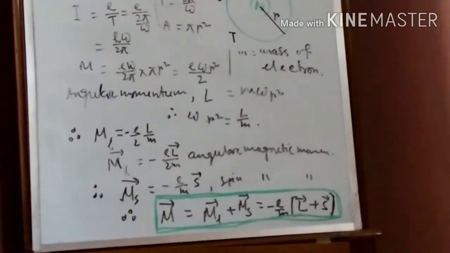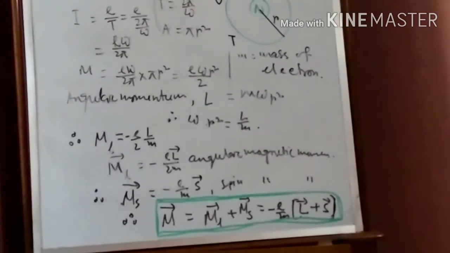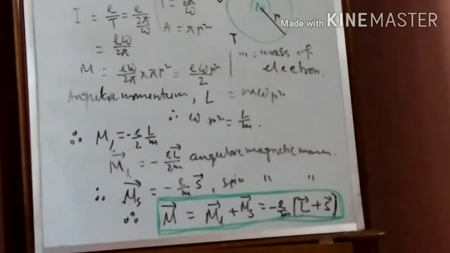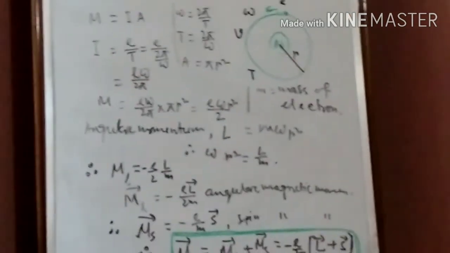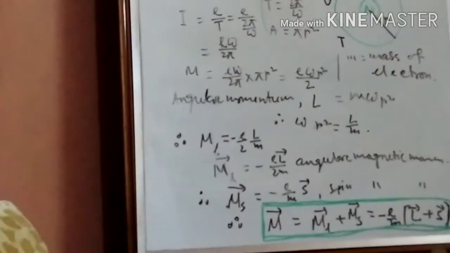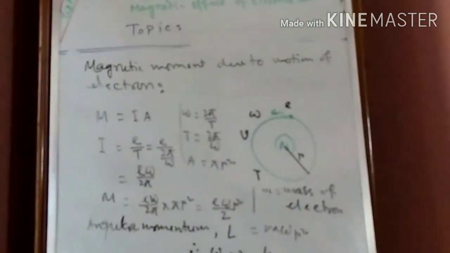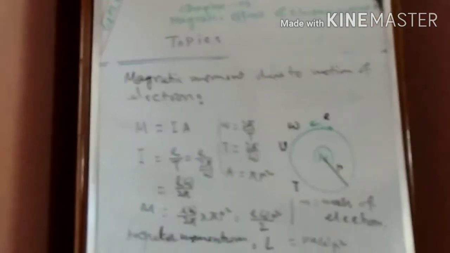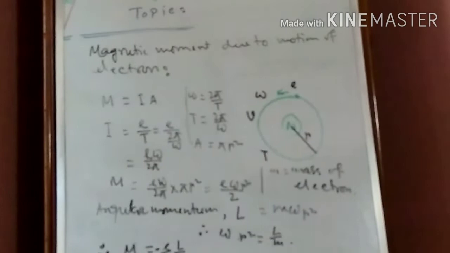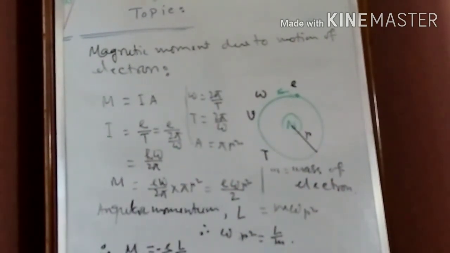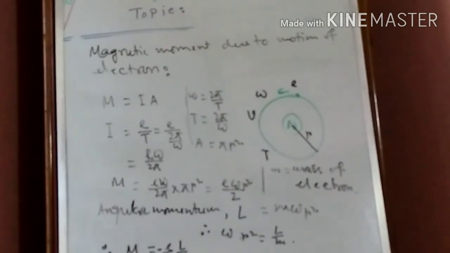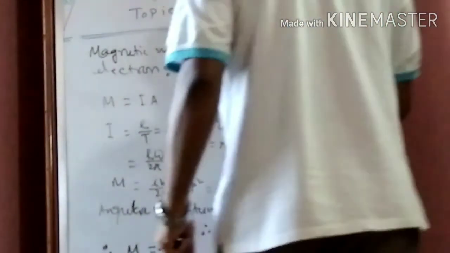We got how much magnetism is produced due to motion of an electron: mu naught by 4 pi eV by r square. I can also show you the direction of the magnetic moment, the flow of current, magnetic moment, and angular momentum.